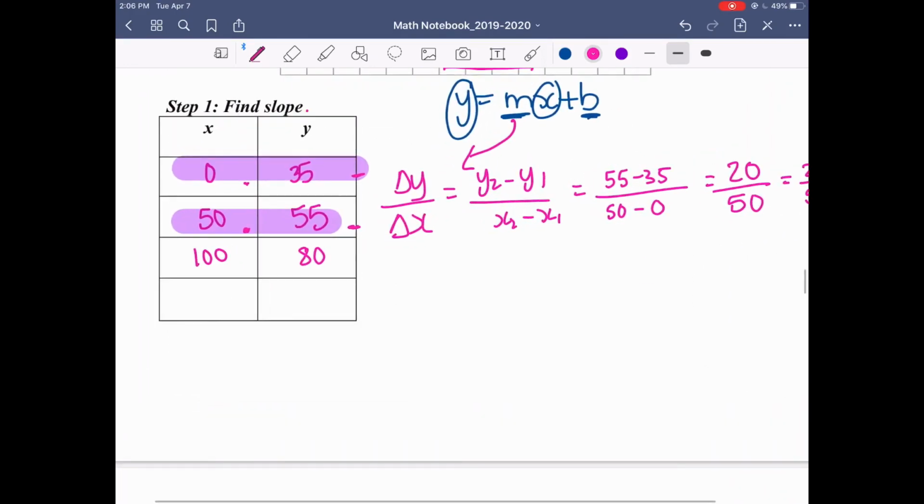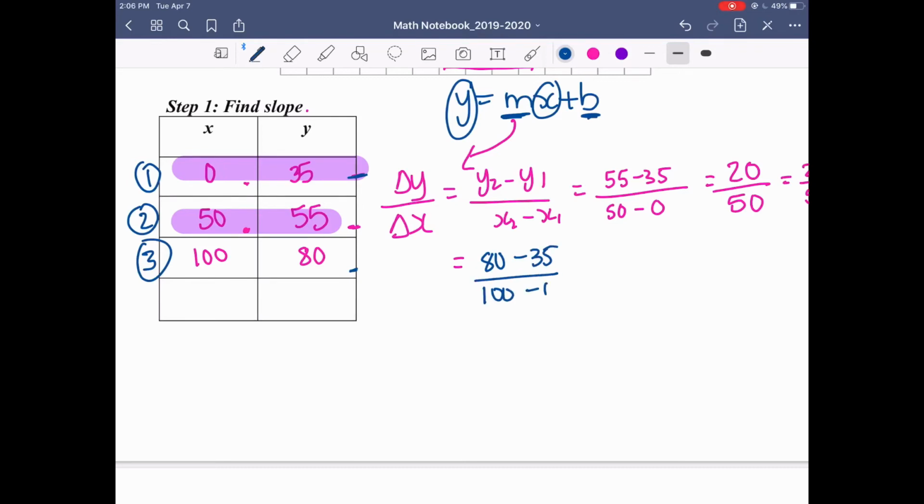If we use different points, like if we label these point 1, point 2, point 3, and we used point 3 and point 1, let's say, where our y2 is 80, our y1 was 35, our x2 is 100, our x1 is 0, and then you subtract them, you get that 100 minus 0 is 100, and 80 minus 35 is 45, which gets you 0.45.